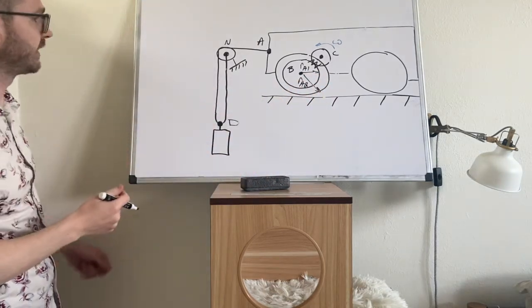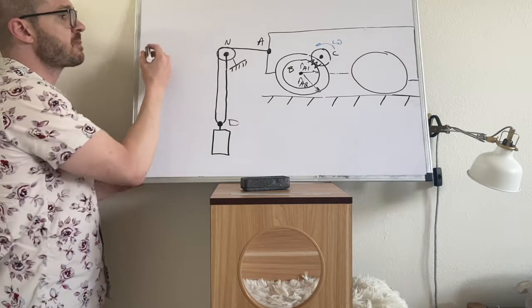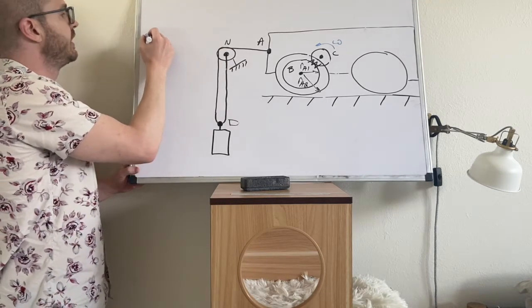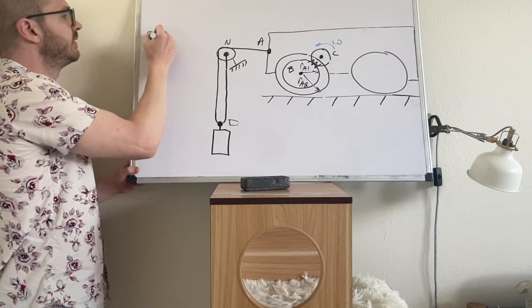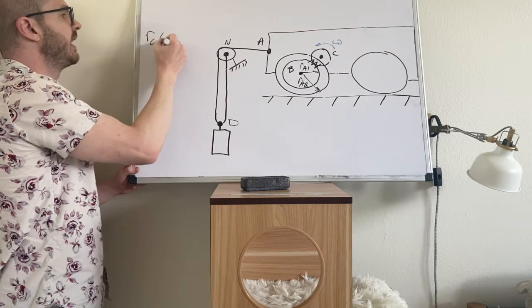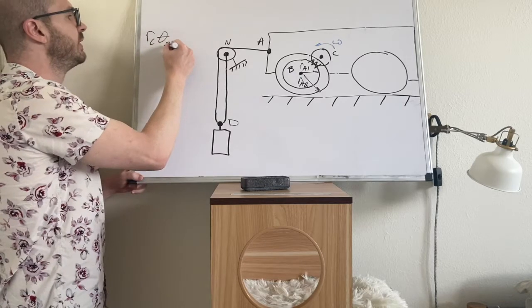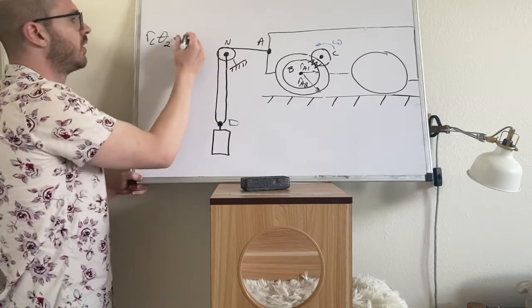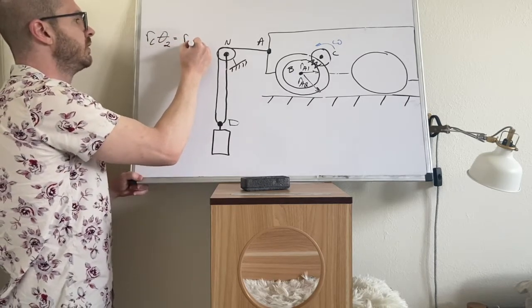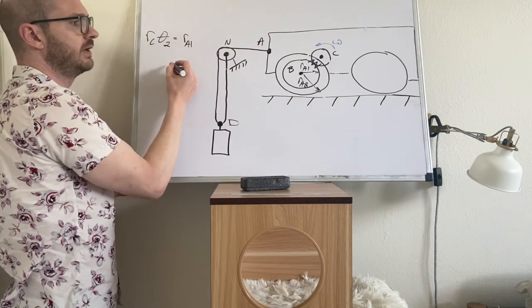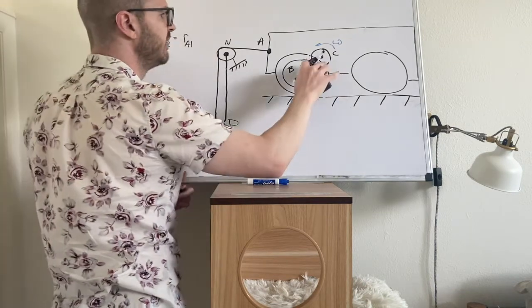So what's the gear constraint on this? The radius of C, so we can say RC, and the angle associated with the C frame was θ2. This is going to equal RA1, and that's going to be theta, oh, I did B, sorry.